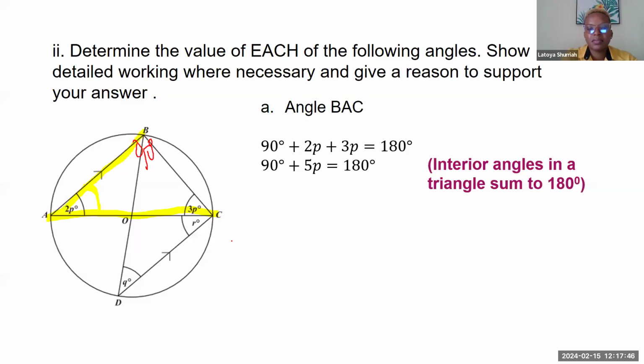Then you add up the like terms, the 2p and the 3p, that will give you 5p. And to get the value of p alone, you divide both sides by 5. And that will give you 18. And then to get 2p, you multiply 18 by 2 to get 36 degrees.